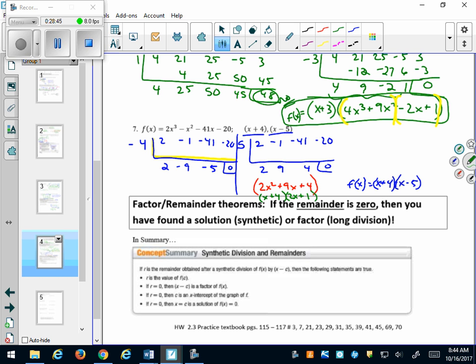That's how that factors. Notice that I'm testing the 5, but the x plus 4 comes out as one of the factors. So that one's already represented, right? We already knew that was a factor, so the only thing we really have to add on here is the 2x plus 1, because I'm looking for it to be a degree of 3. So x, x, and 2x will give me a degree of 3.